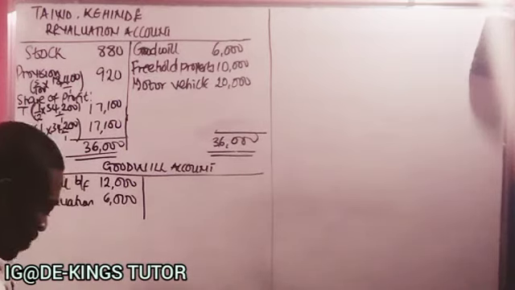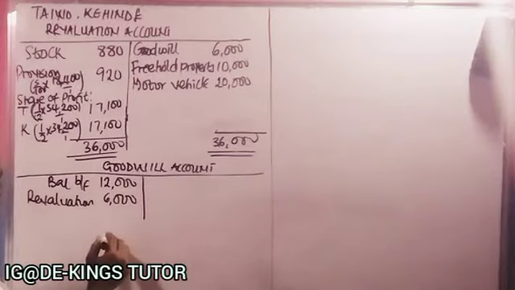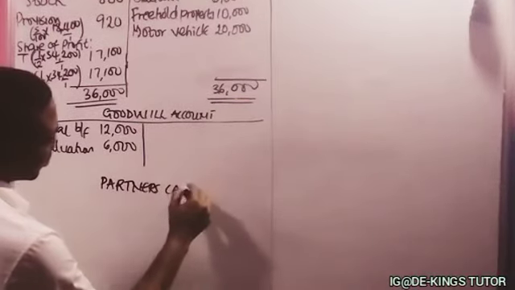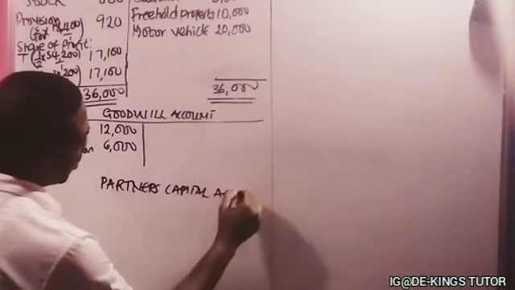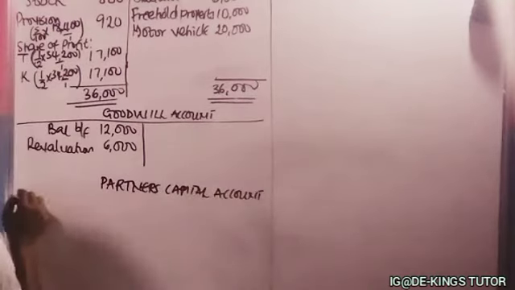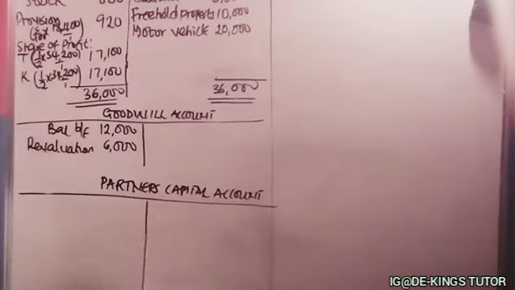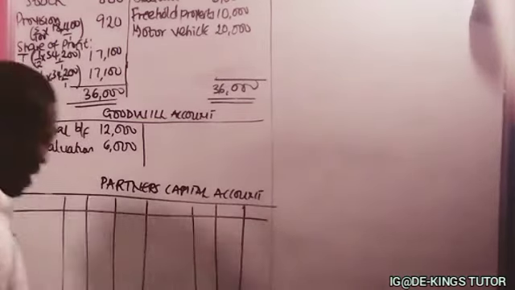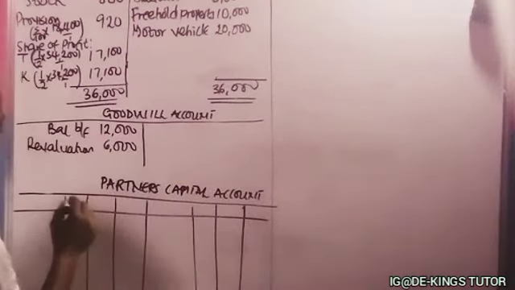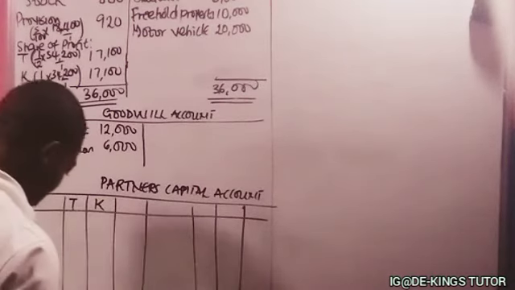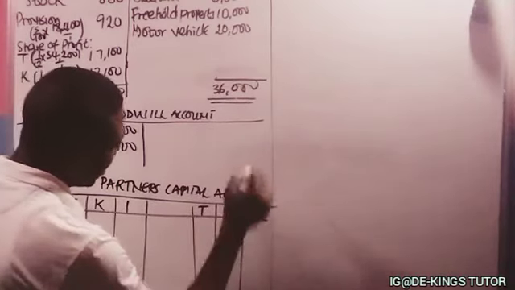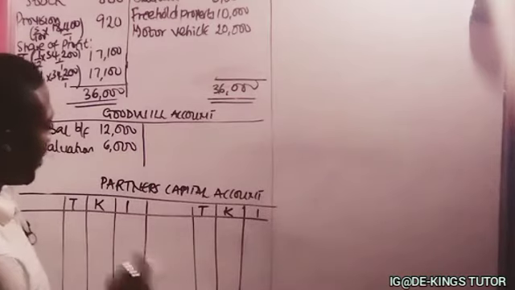The next one, they said the partners' capital account. Okay, so if we open the partners' capital account, we represent the names Taiwo, Kehinde, and Idowu.